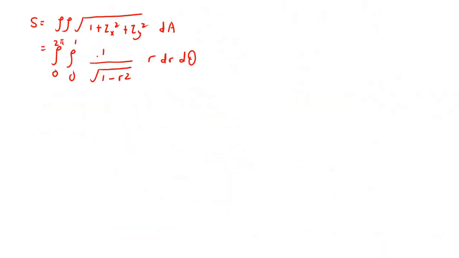So again, using the substitution technique, u equals 1 minus r squared, du is negative 2r dr. So notice we have this term, r dr is du divided by negative 2.